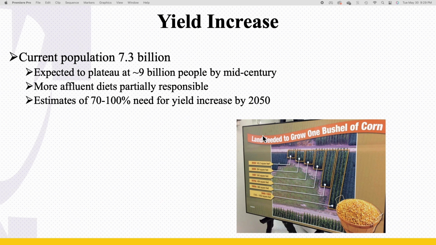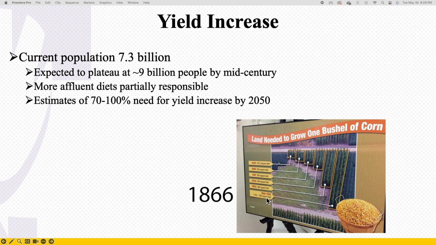No new information here. We know that we're going to need to feed about 9 to 10 billion people by 2050. And we know that we need to increase those yields as well. And so one of the things that we'll be looking at is how do we grow more crops on less land? This picture kind of gives you an idea of how far we've come since 1986.